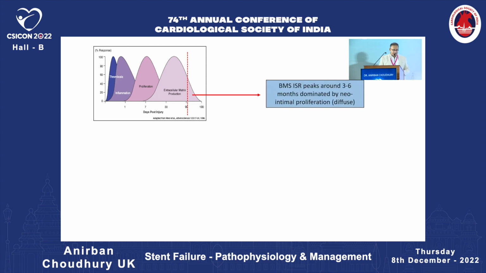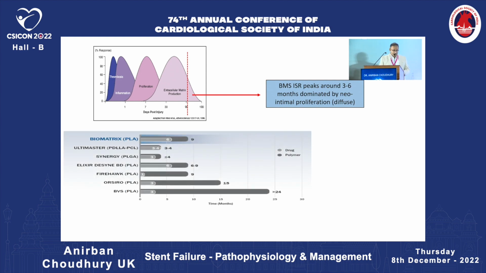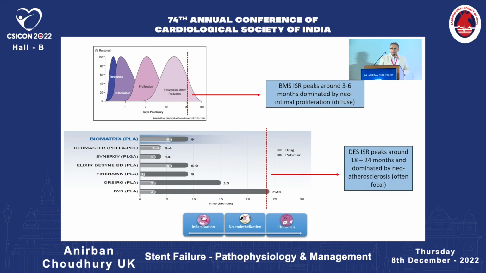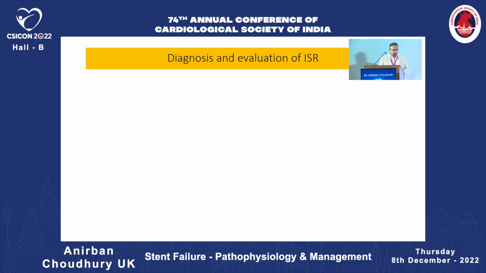And because of that, when we look into the peak timing when bare metal stent ISR presents, it's usually 3 to 6 months, and it's often diffuse. So we have various types of drug elution in various drug-eluting stents, and the commonest time of presentation of drug-eluting stent ISR is essentially 18 months to 2 years, and is often focal and neoatherosclerosis. So they do present differently.